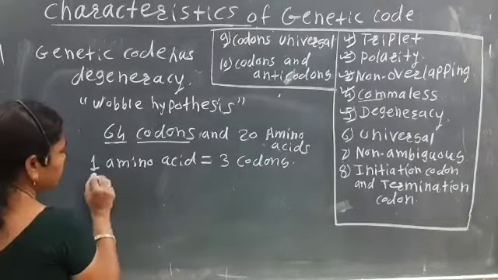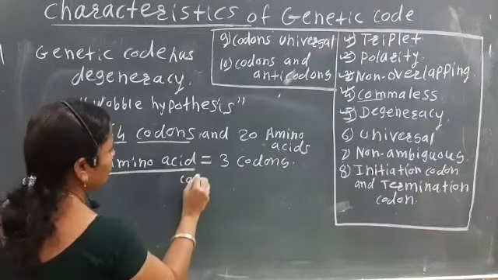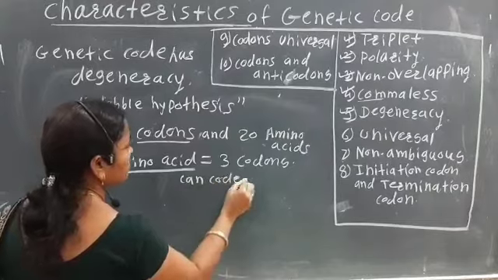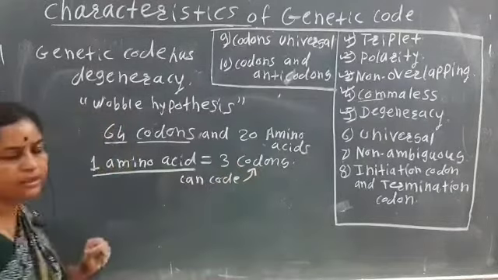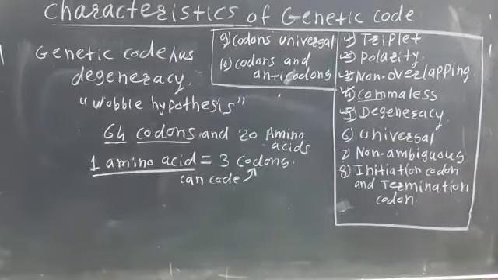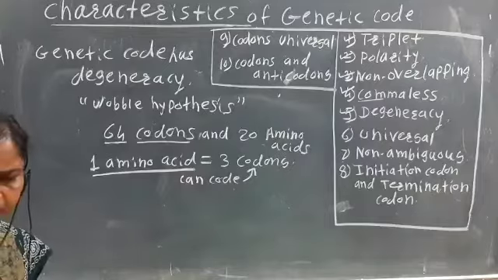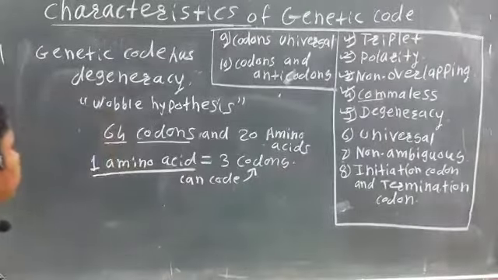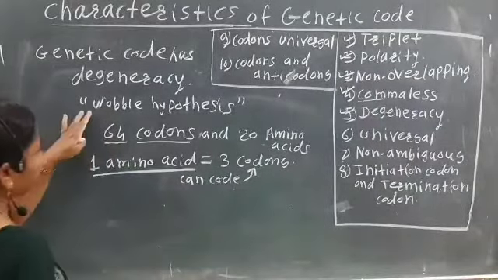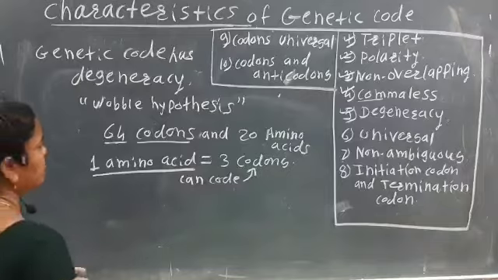So let us see in the mRNA and the tRNA how the nitrogen bases are. आता उबल पेरी किंवा उबल हायपोथेसिस हा कन्सेप्ट बघूयात आपण.